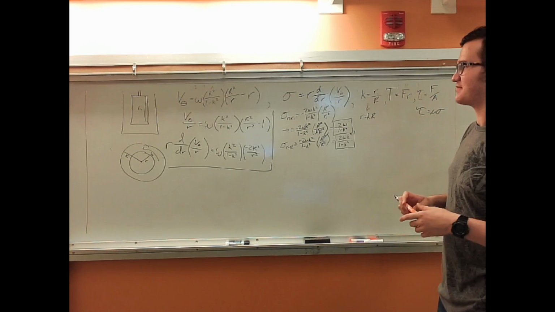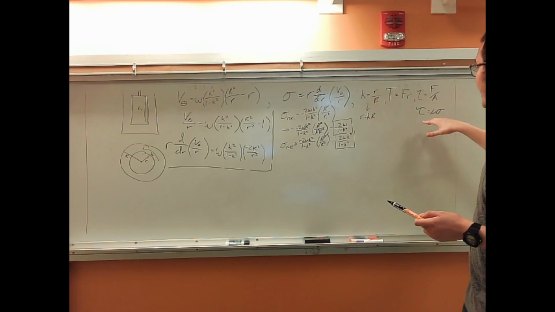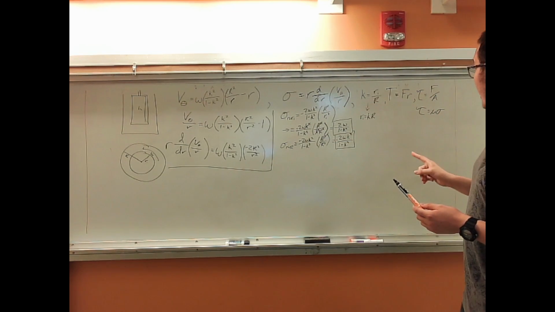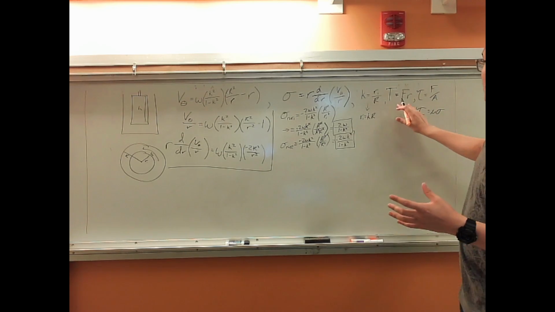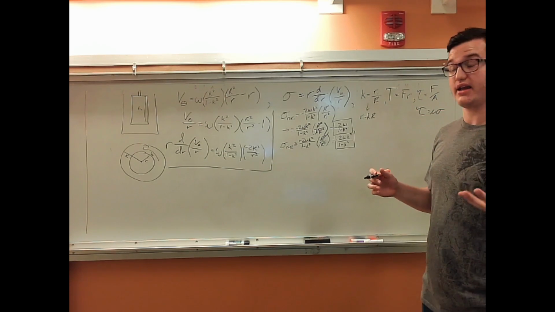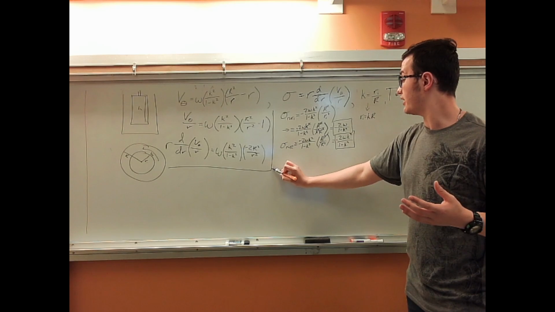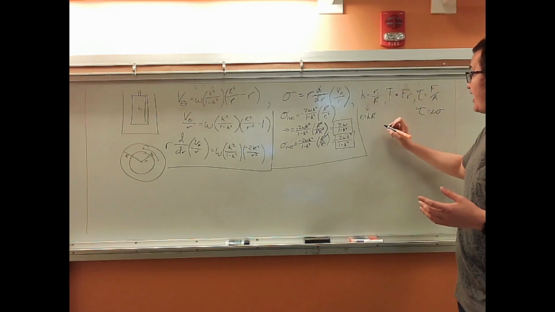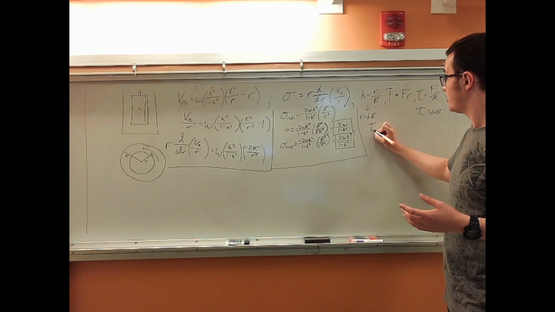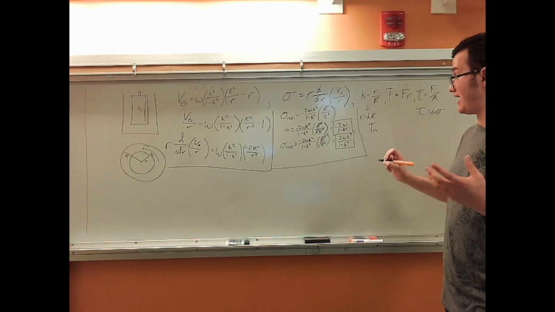Okay, see where we're going with this. We're going to end up taking this sigma and plugging it in. We have torque. Let's start writing up a torque equation for the different radii.